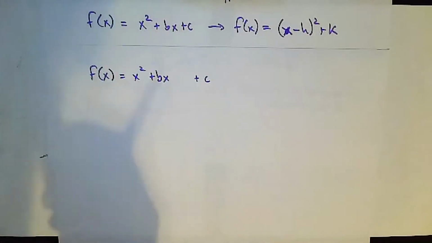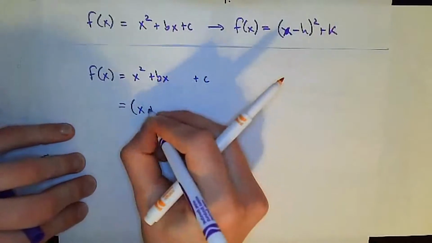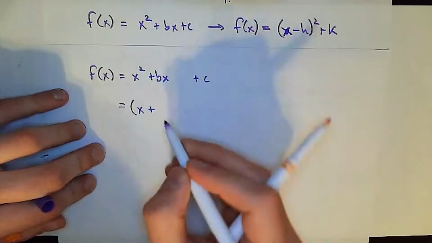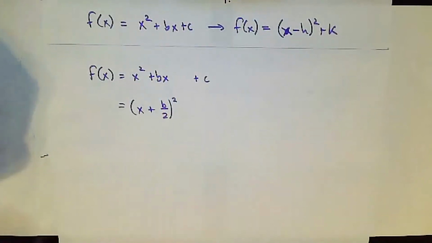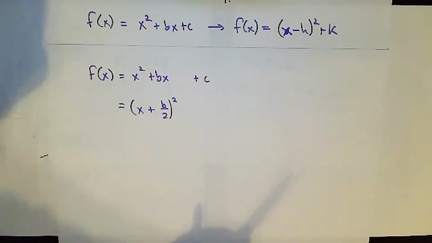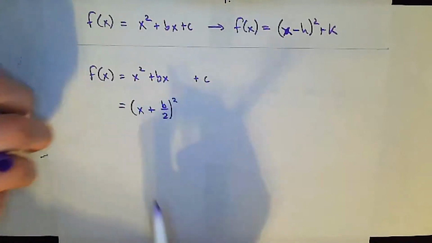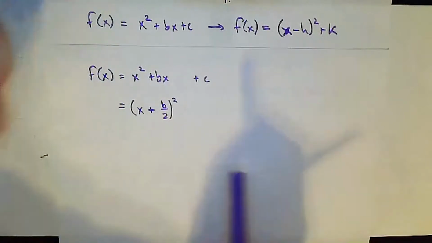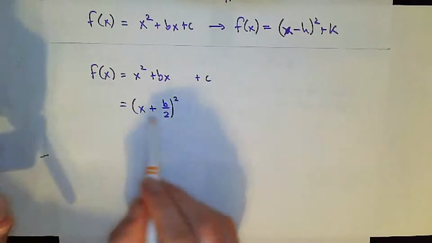The point is that it should end up in the form x plus half of this central term inside the parentheses, whatever b was over 2. In the first case, it was -2 over 2, so it ended up being -1 inside. In the second case, it was a 4, 4 over 2 is 2, and it was positive, so we put +2 inside. This is what we want.